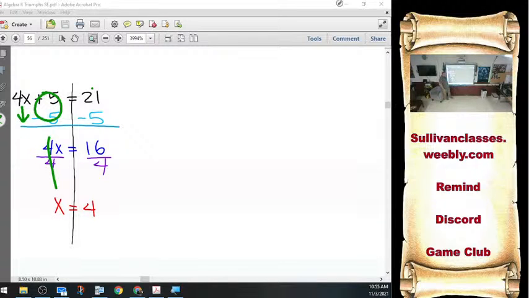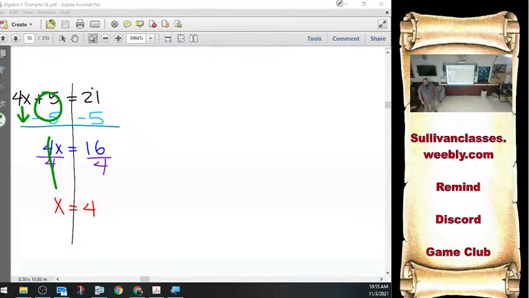Once I get here, I can also check it. See, an equation is a sentence. I'm saying 4 times the thing plus 5 gets me 21. I'm going to buy 4 Happy Meals and a $5 supersized shake. It's going to cost me $21.